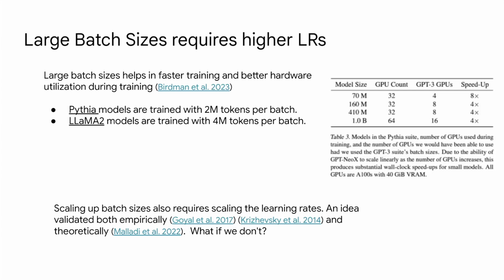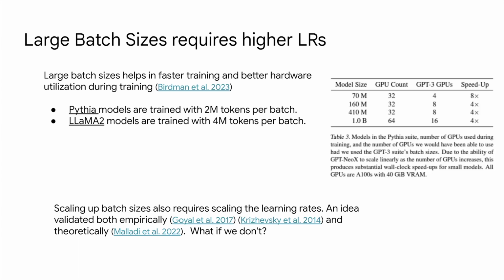There is a good amount of evidence that if you have larger batch sizes, you need to scale up your learning rates. This was shown in 2017 by Goyal et al. and also previously. The scaling of the learning rate depends on the optimizer that you are using, but that is out of scope. But you need some sort of scaling up of your learning rates. That is all I'm trying to convey.